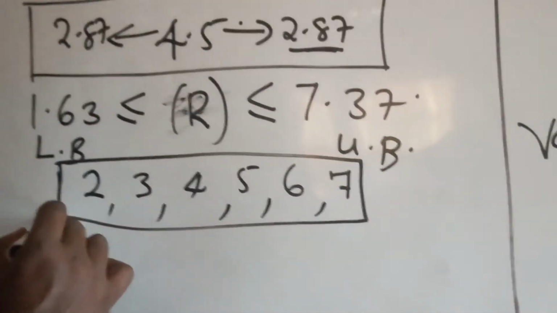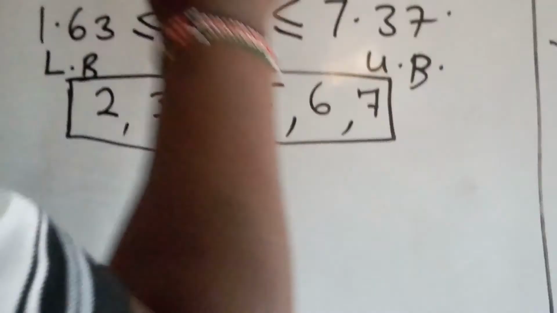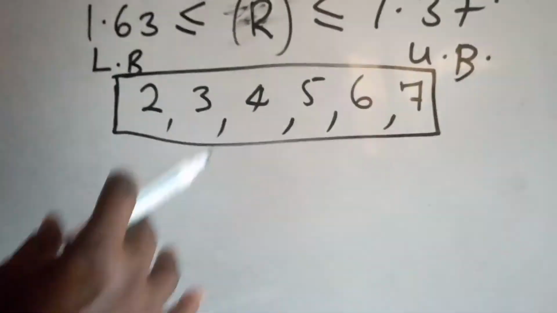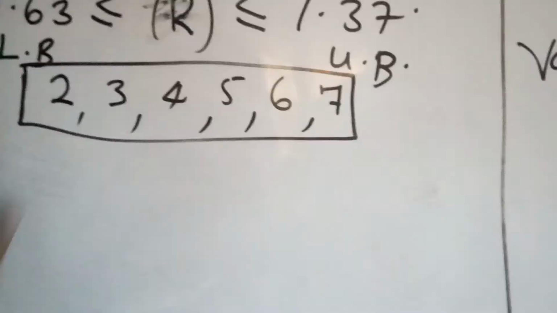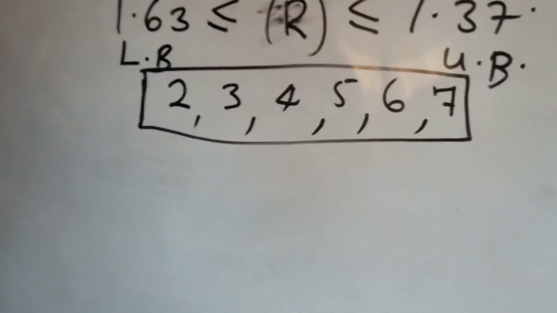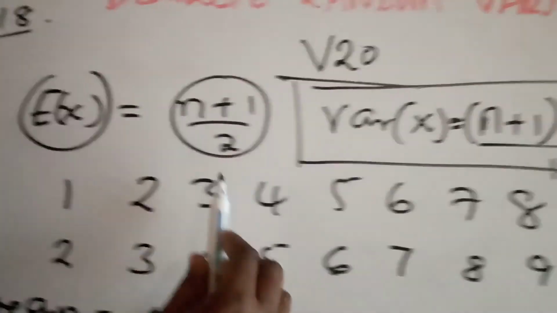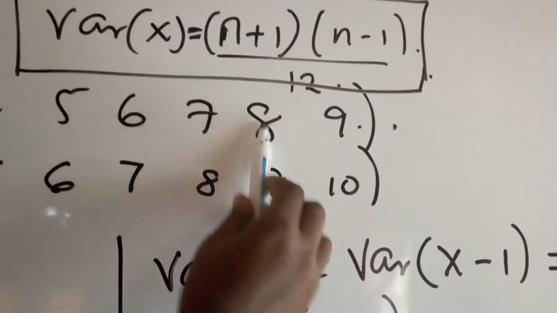So what is the probability of our number being any of these? And we have how many numbers? 1, 2, 3, 4, 5, 6, 7, 8, 9, 10.